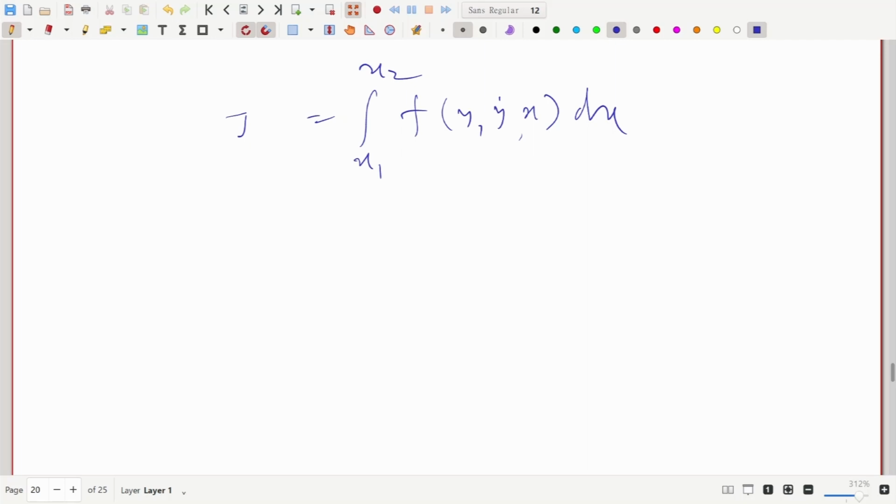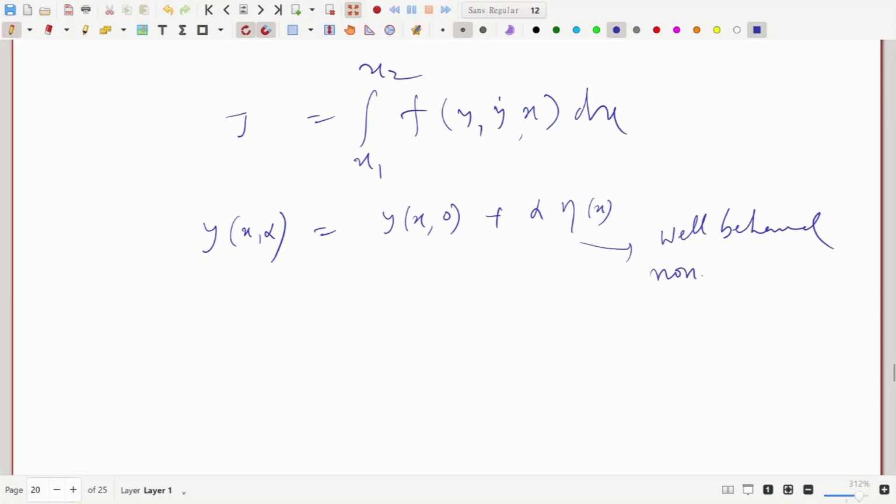To account for all paths, we parameterize. If you recall the last lecture, we parameterize y by introducing a parameter alpha, such that y equals y at alpha equal to 0 plus alpha times eta of x, where this eta of x is a well behaved non-singular, continuous function.